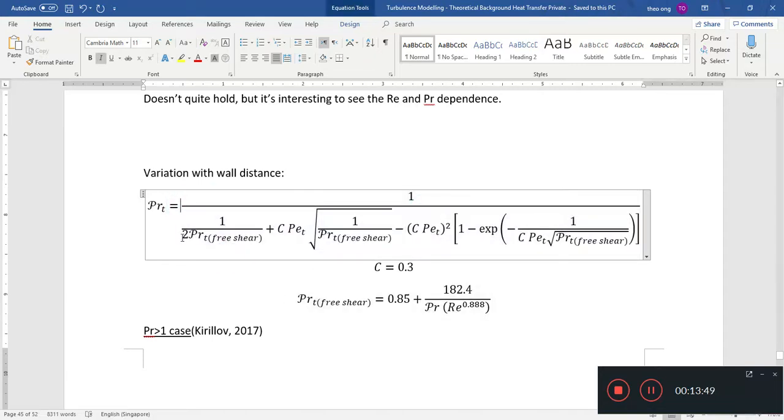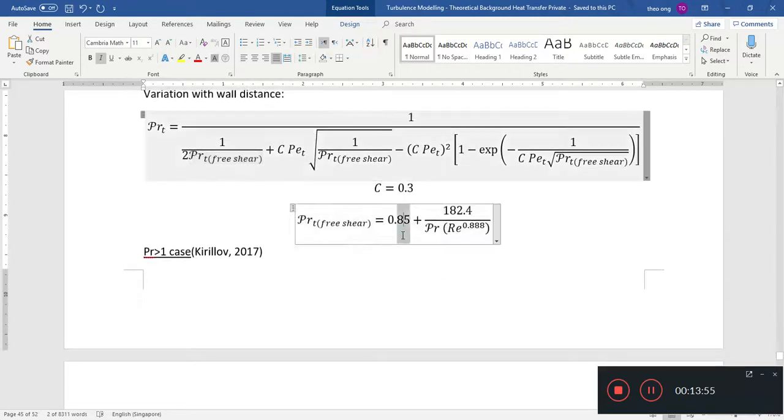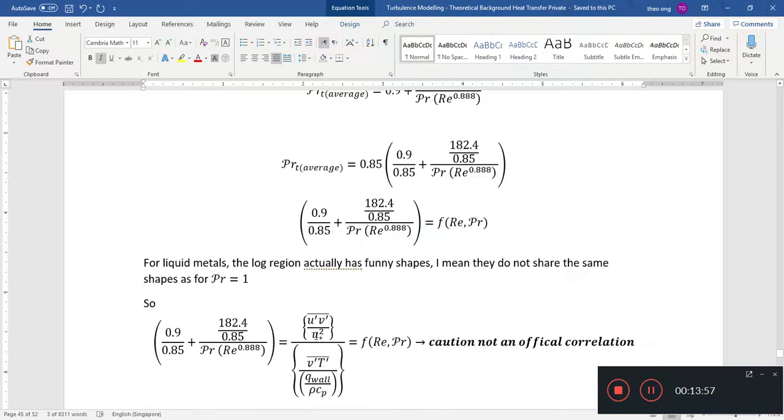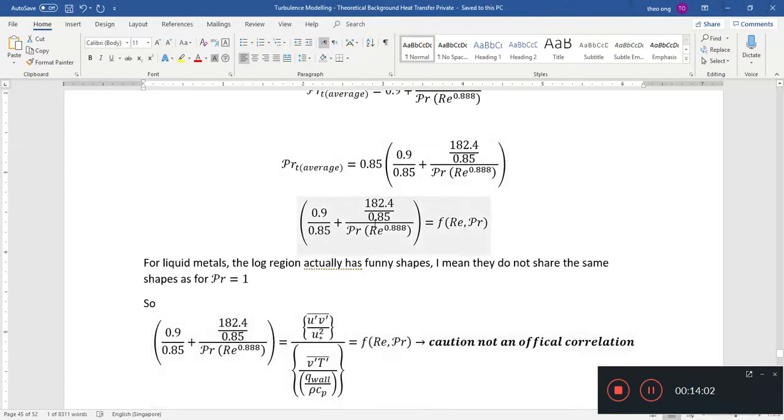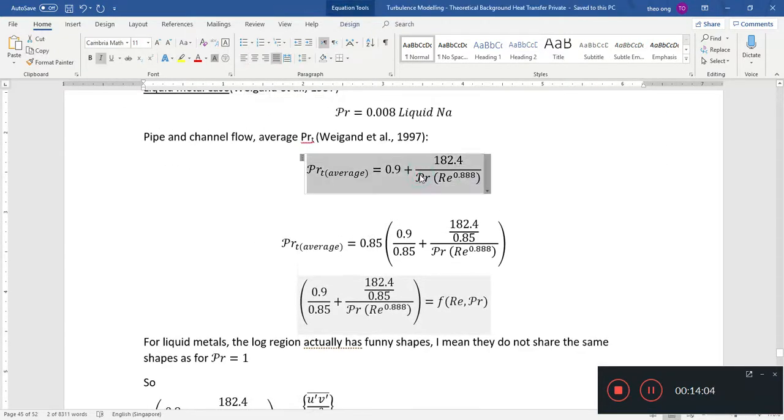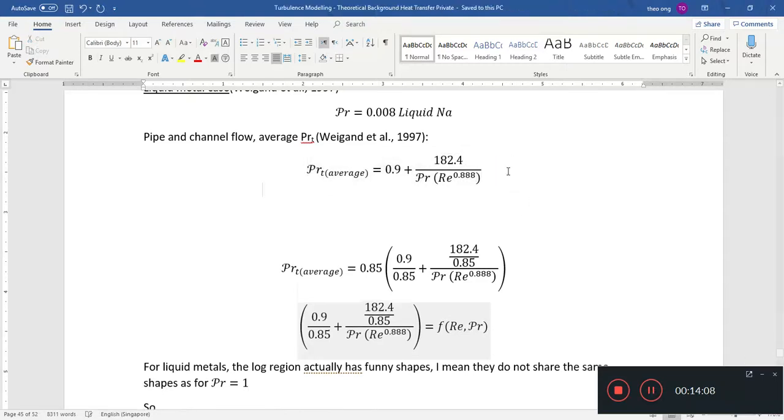First you have this free shear Prandtl number, which we take inspiration from, or rather Weigand, I don't know how to pronounce his name. He takes inspiration from this model here, and this model is done by, I don't know how to pronounce, Reiki?